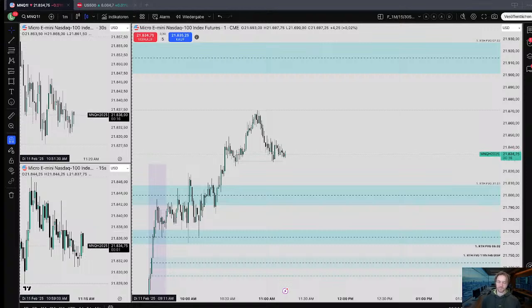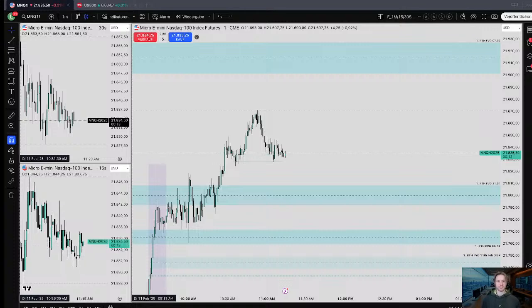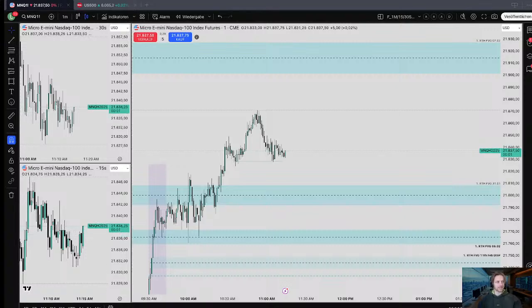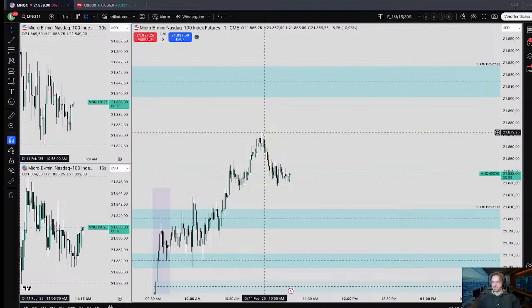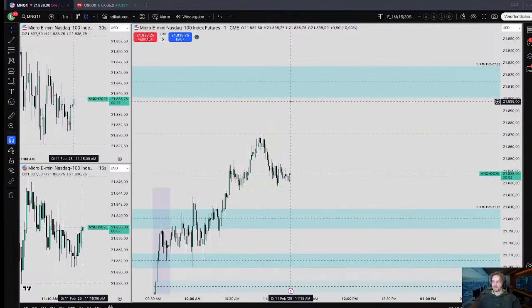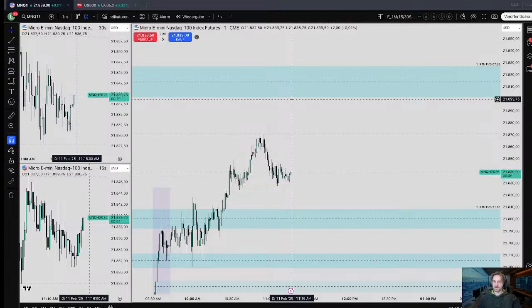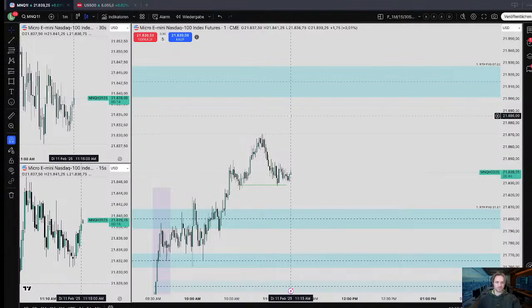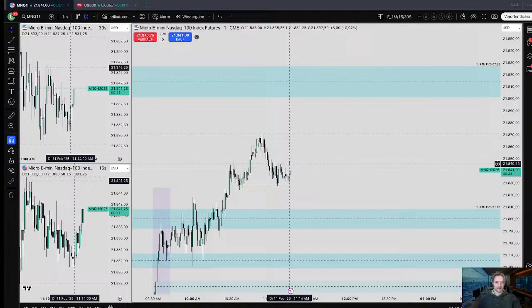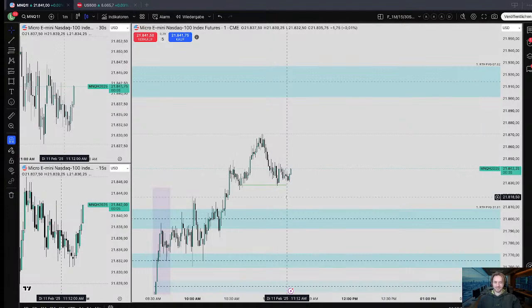Yep, we're still consolidating. It's not looking like we're going anywhere today. As I said, I think it will be taking out the high, maybe this one, maybe not my special high here. Maybe it will, maybe not, but I think rather this one. Let me think. Maybe going down a bit, right?